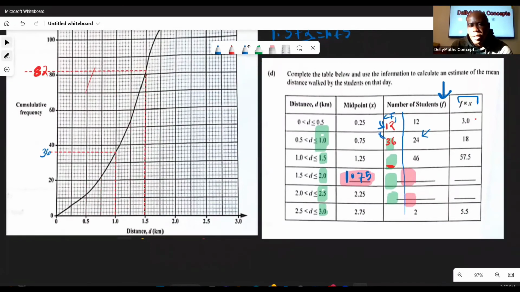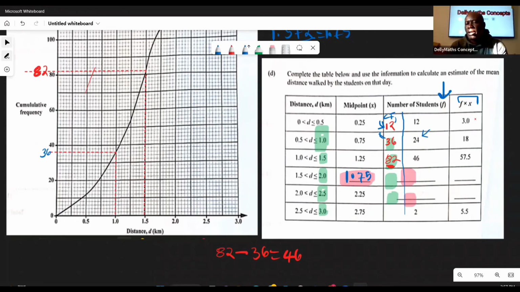If you subtract 36 from that 82, you would see where the 46 came from. So the difference between two consecutive cumulative frequencies will give the frequency.